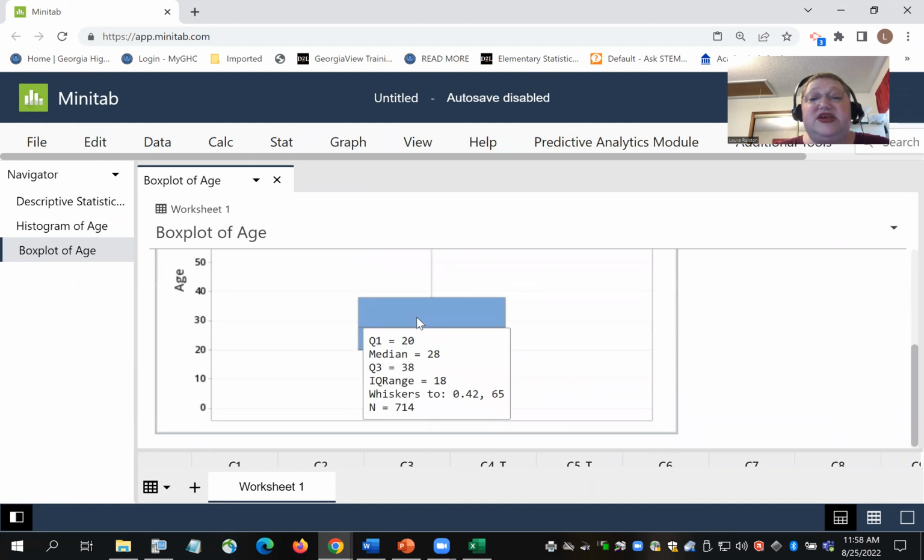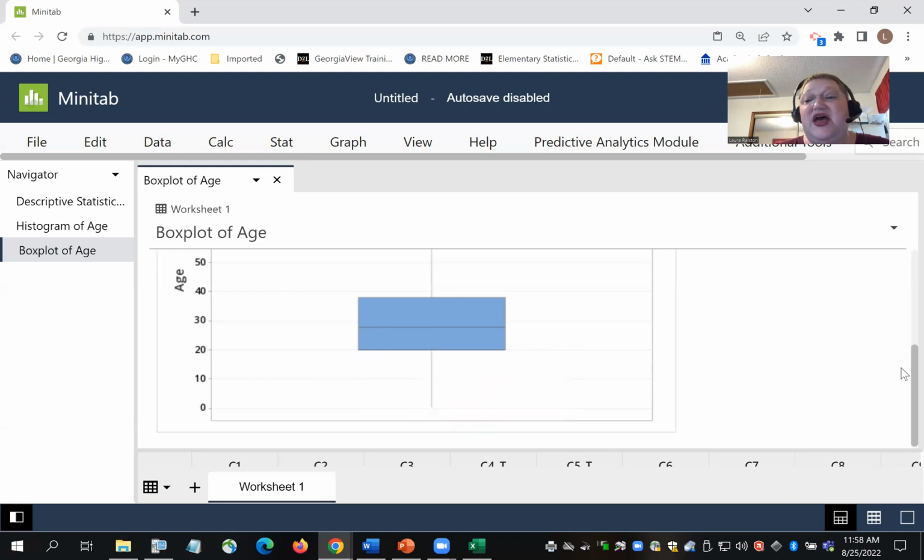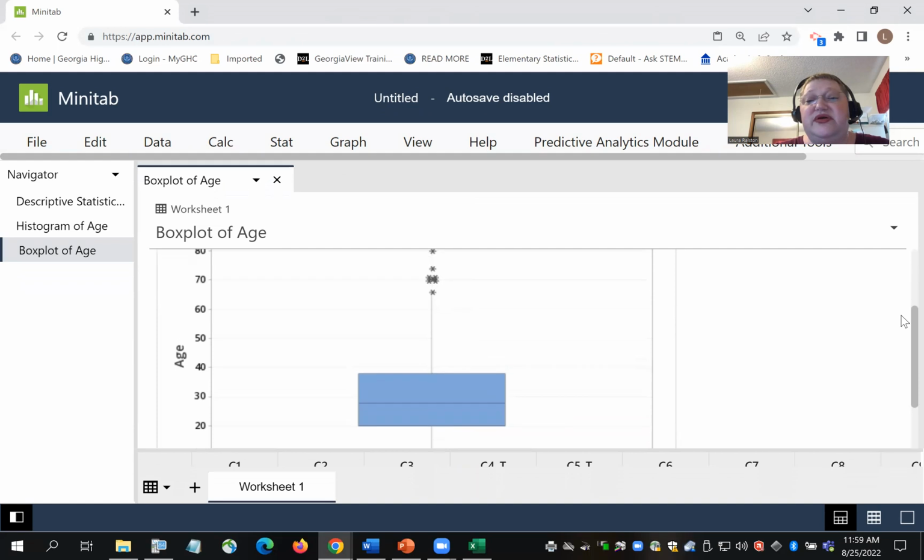It tells me that Q1 is 20, the median is 28, Q3 is 38. It gives me the IQR, which is 18, and it tells me that those whiskers go to 0.42, which would be my minimum, and the other one goes to 65, which we calculated to be that upper outlier number.